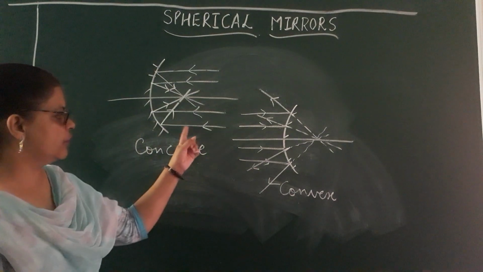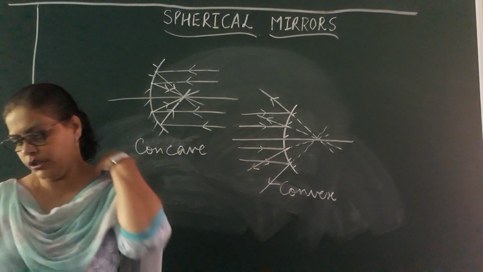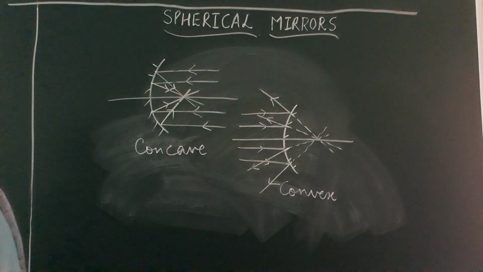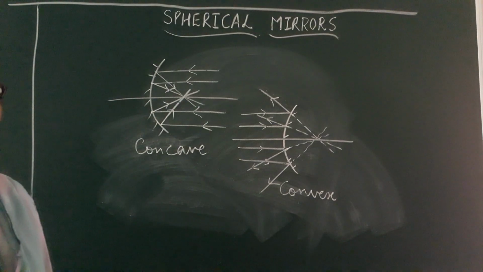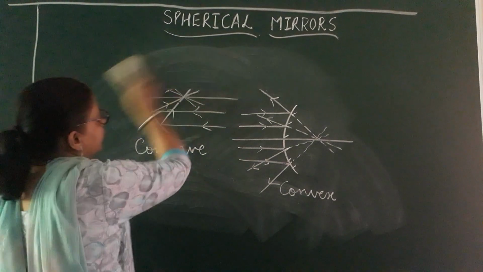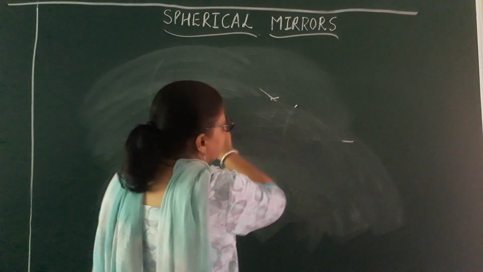I want you to have a very careful look, children, at both these aspects of concave and convex, and after this I move on to the different definitions which are related to a concave and a convex mirror.